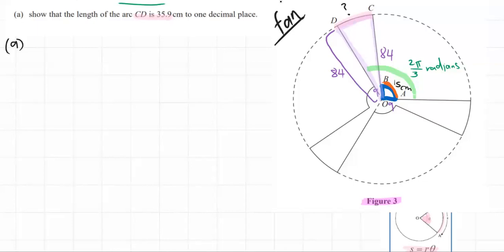To make this easier for myself, I'm going to let the angle BOA equal x. Okay, so just write that into my proof. So let the angle BOA equal x. Then we know what angle DOA is.